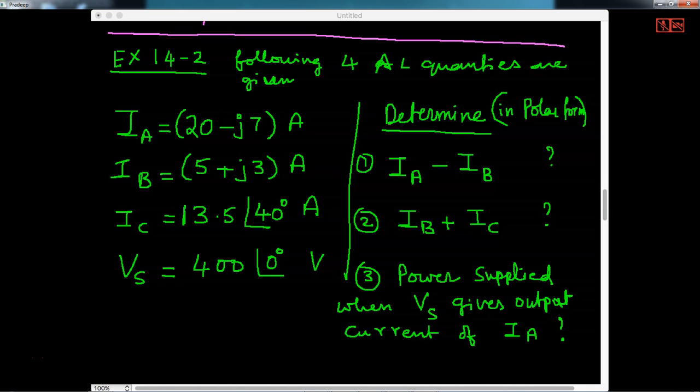So yeah, JNTU KUCEV, they are saying it is 18.09 at angle minus 33.65. All right. What about IA minus IB in rectangular form?